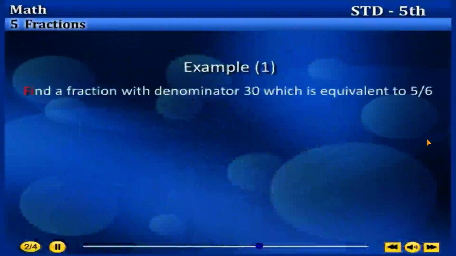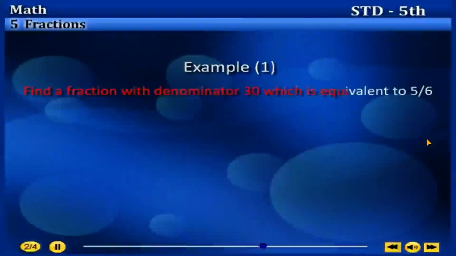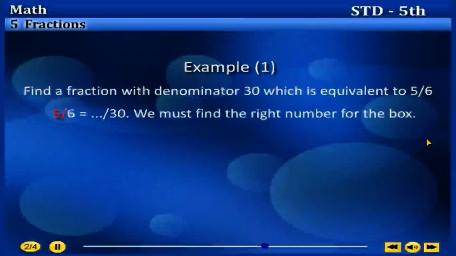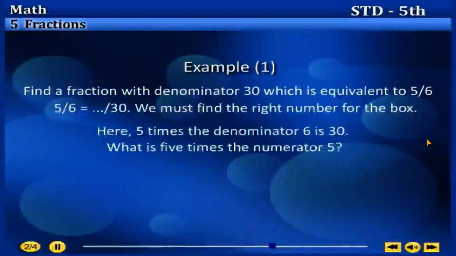Example 1. Find a fraction with denominator 30 which is equivalent to 5/6, that is, 5/6 equals dash by 30. We must find the right number for the box. Here, 5 times the denominator 6 is 30.